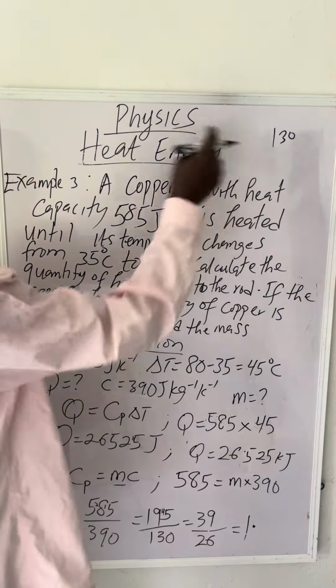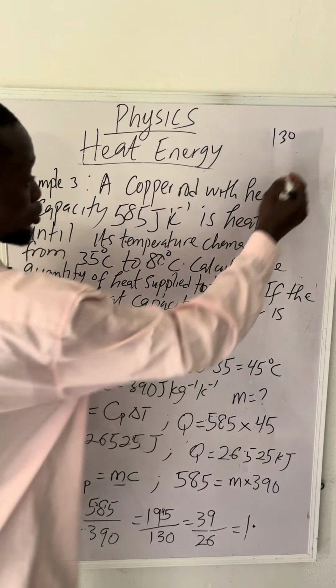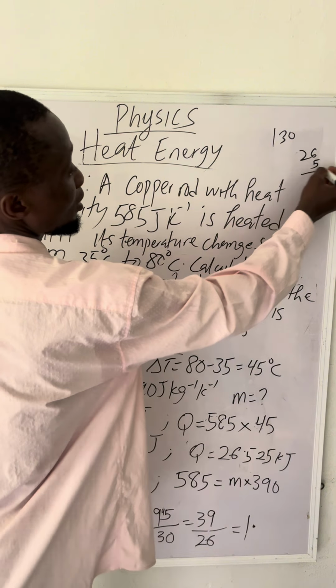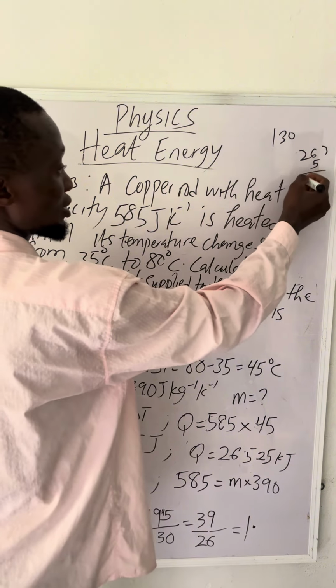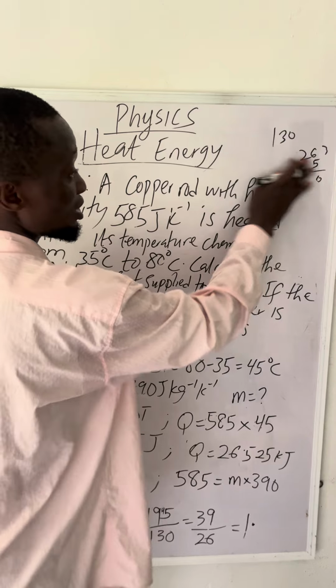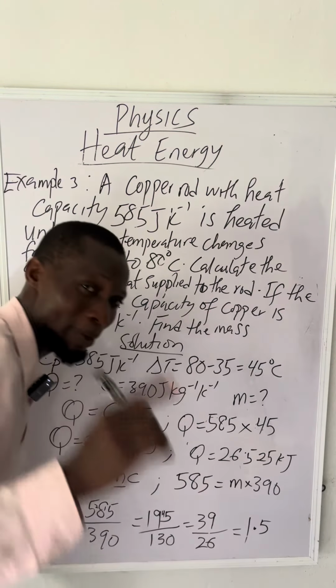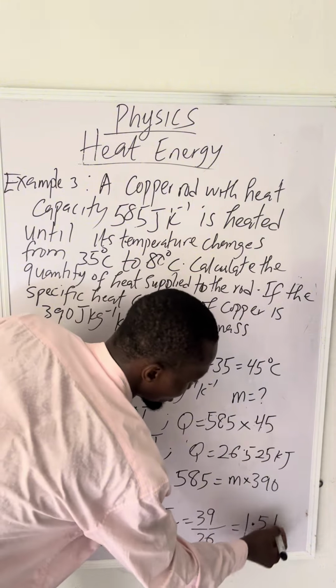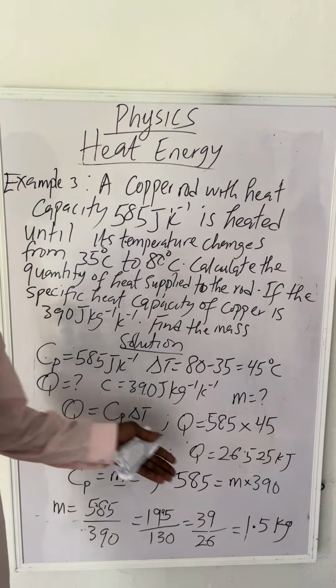So how many 26 are you going to see in 130? It's going to be 5. So 26, 5 times 6 is 30, 0 remainder 3. 5 times 2, 10 plus 3, that's 13. So 26 in 130 is going to be 5. So that's 1.5. So our mass is actually 1.5 kilogram. And that is our mass.